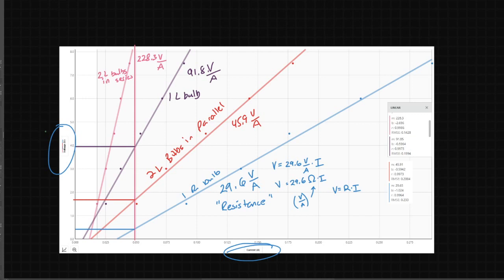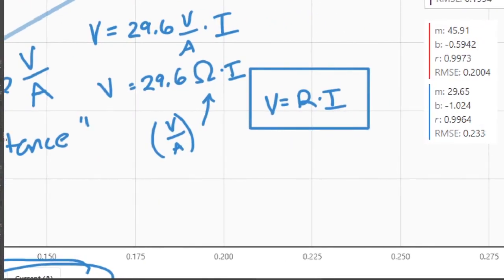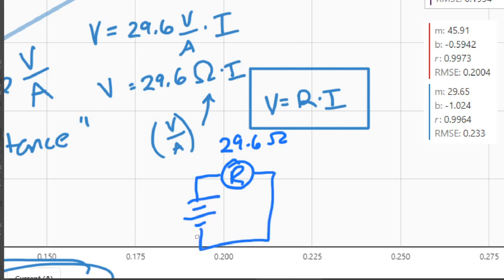Target 4 is all about using this equation and making these predictions. So let's give you a quick example. Let's take our round bulb, 29.6 ohms. And we're going to attach it to a cell, let's make it a 9-volt cell.